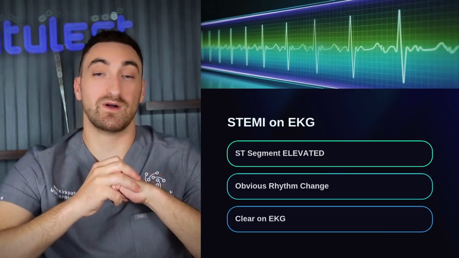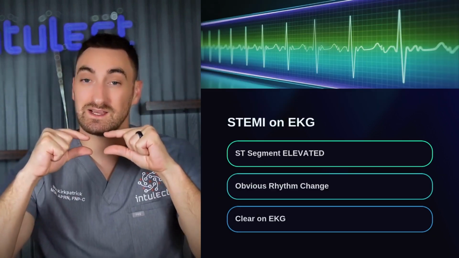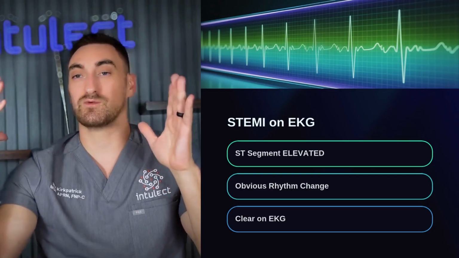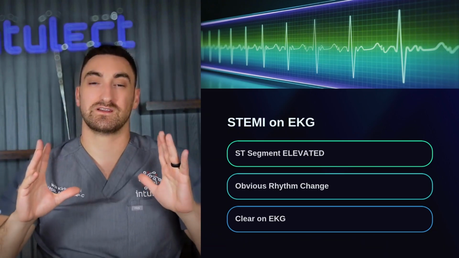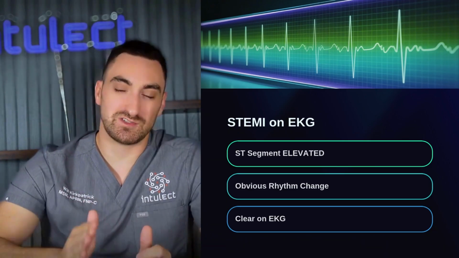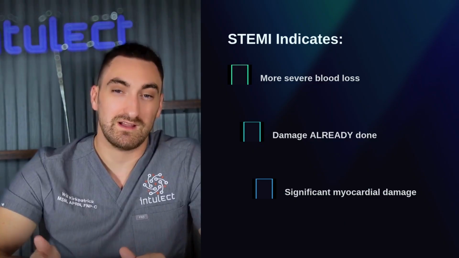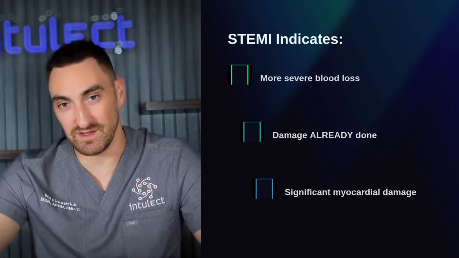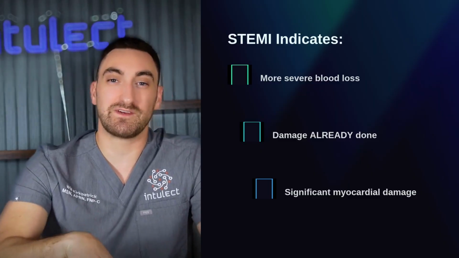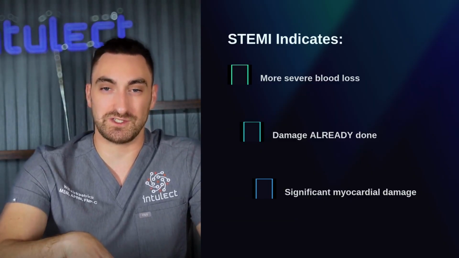So you have your 12-lead EKG, and that ST segment is elevated. We'll throw up a picture here so you can see it. There's an obvious change in the ECG rhythm, and this usually means there's a more severe lack of blood supply to the myocardial tissue, and there's some significant damage that's already been done.